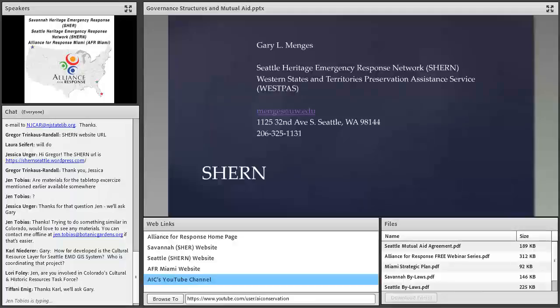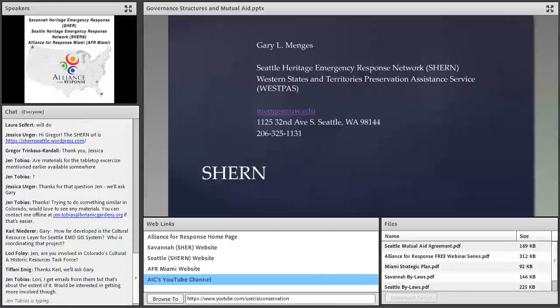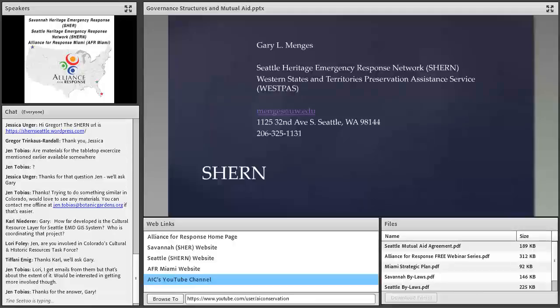And then Carl had a question. How far developed is the cultural resource layer for the Seattle EMD GIS system? And he's wondering who's coordinating that project. Well, we're just beginning it. At one of our meetings with the local Seattle Emergency Management Division, this came up, and they said they had this GIS system, and that it would be useful for them to know where our cultural collections were stored.